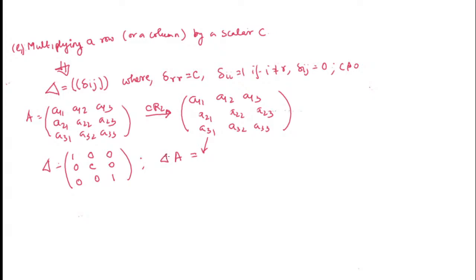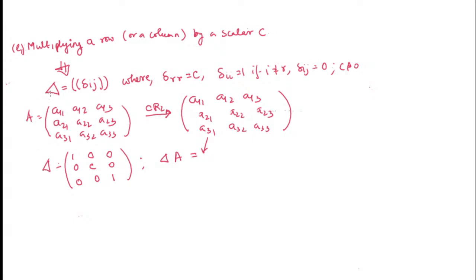Delta is defined as, in general, if you apply this operation on rth row, that means if you multiply the rth row of matrix A by a constant C, then this is nothing but a pre-multiplication by a non-singular matrix delta, whose diagonal elements are all 1 except the rth diagonal element, which is C, and the off diagonal elements are 0. So in that way we define delta.